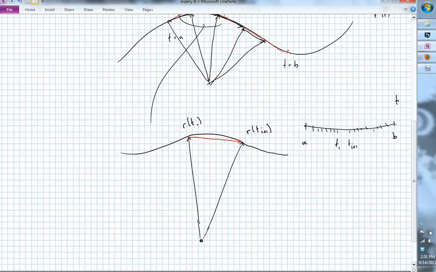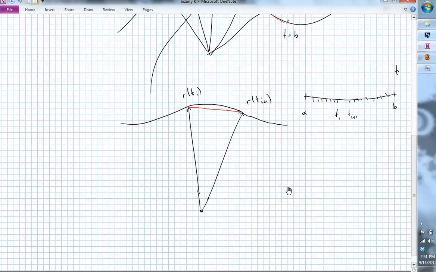These are the two locations corresponding to t_i, t_{i+1}. I'm going to let delta t equal t_{i+1} minus t_i. Another way to write it is (b minus a) over n, where n is the number of subintervals that I'm chopping up into.